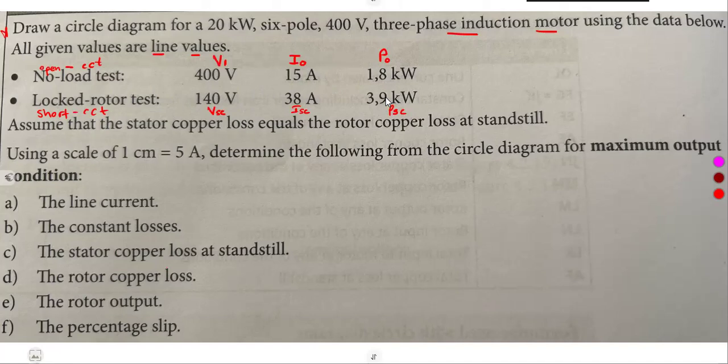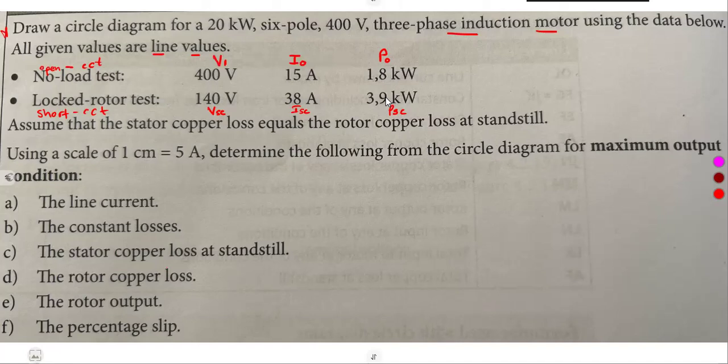So the given information differs from other information. They might give you the corresponding power factors, where from the power factor you can determine the corresponding phase angles.